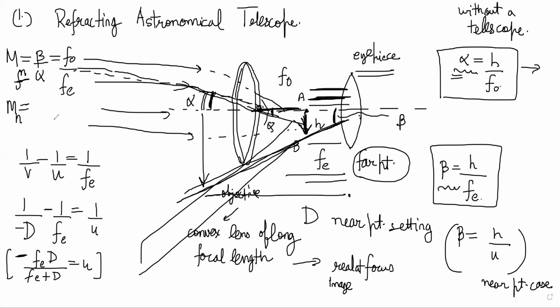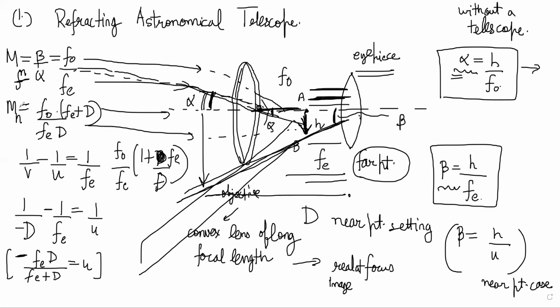So Fo by U, which is Fo by Fe D, Fe plus D, something like this. So this is Fo by Fe, 1 plus Fe by D, right?